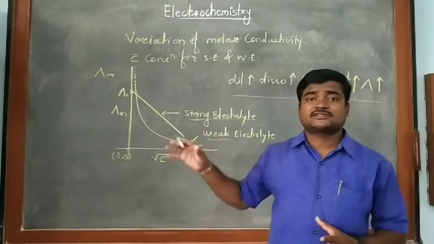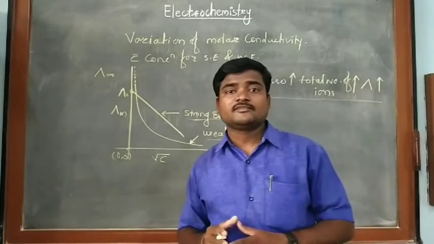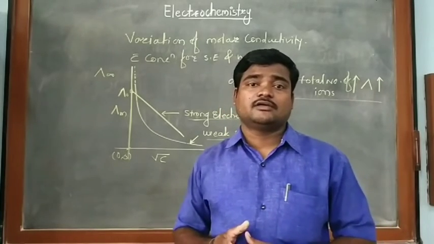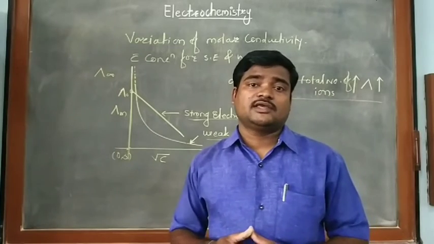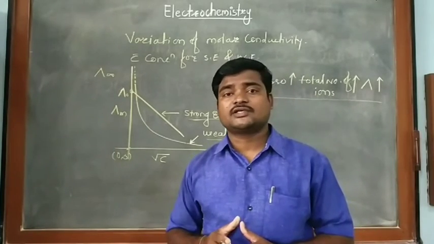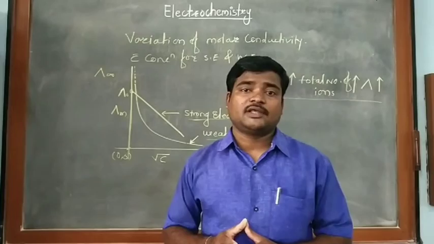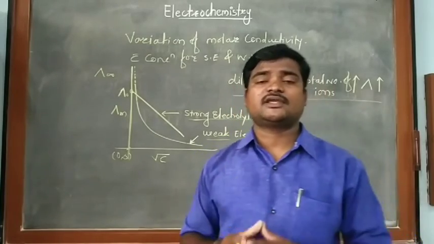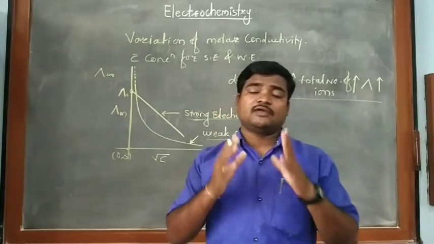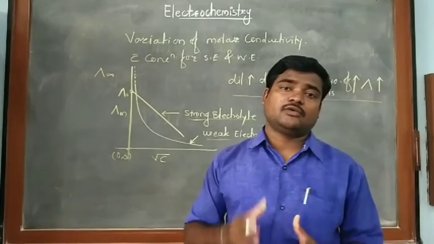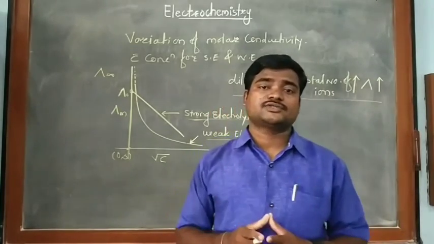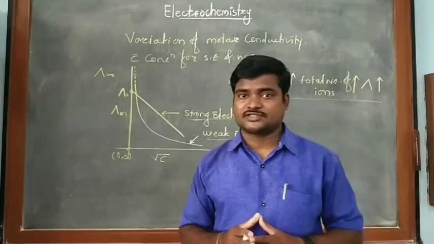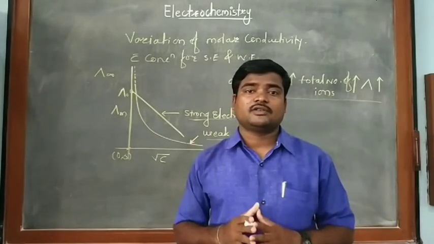After this, there are different methods. One of the methods which we are going to learn in our next video is the applications of Kohlrausch law. By using that application, we can calculate the lambda 0 values for weak electrolytes at infinite dilution or at zero concentration. So this is all for today's lecture.